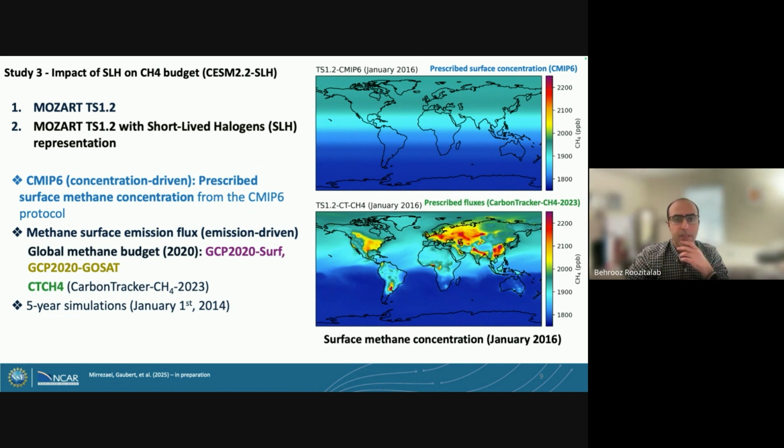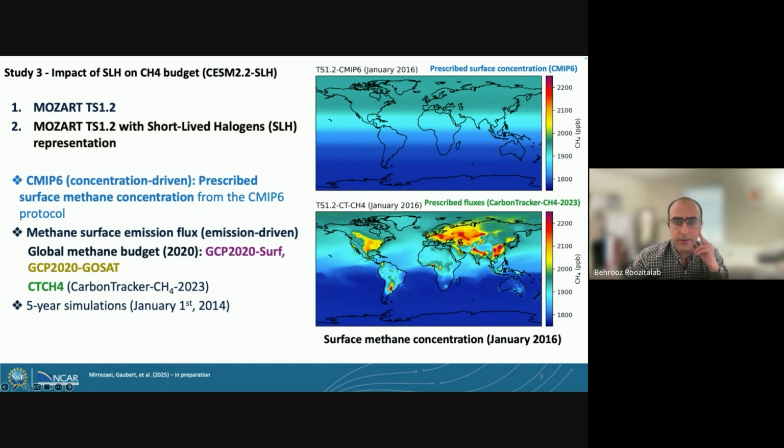So the goal of this study was again to investigate that, because we know that methane emissions are increasing in the future, and so we have to know the whole chemistry of methane and its sinks, what the impact of OH on methane is, and what the impact of the halogens on the atmospheric chemistry is.